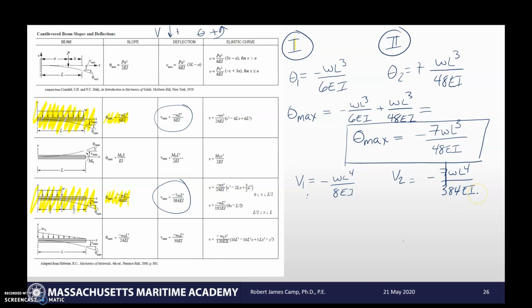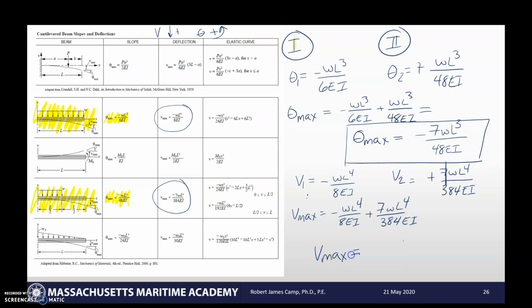Once again, this is pushing up, so it's reversed. This is positive. And so that means our Vmax will just be V1 superimposed with V2, over 384EI. And then we just add those together.